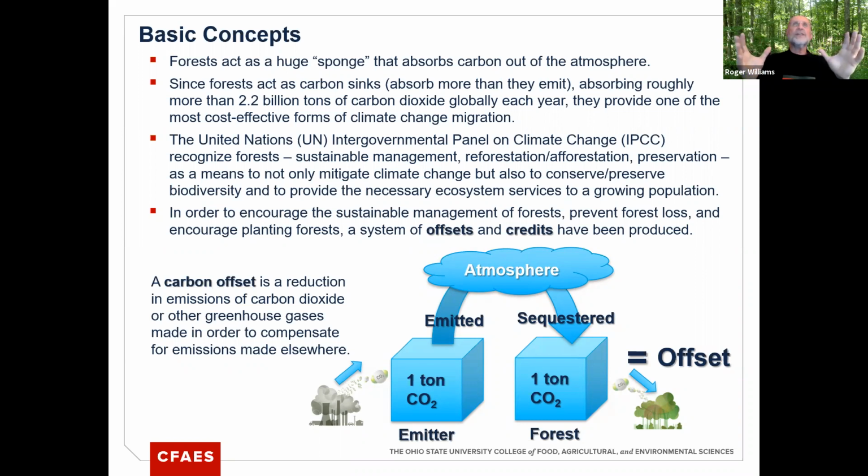In trying to mitigate climate change, we're trying to reduce the amount of carbon, in particular carbon dioxide, that's in the atmosphere. And certainly forests can play a significant role in trying to accomplish that.